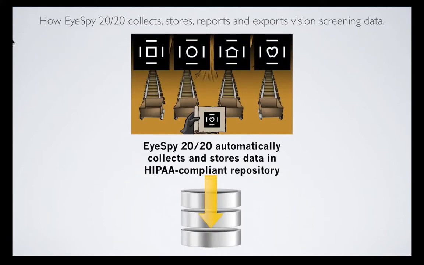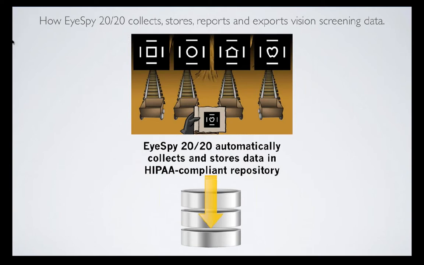So EyeSpy 2020 is a video game, and it automatically, in real time, collects and stores all of the data for each and every vision screening in a HIPAA-compliant centralized repository. But remember, I talked about objective vision screening devices, which, by the way, have a very important place.